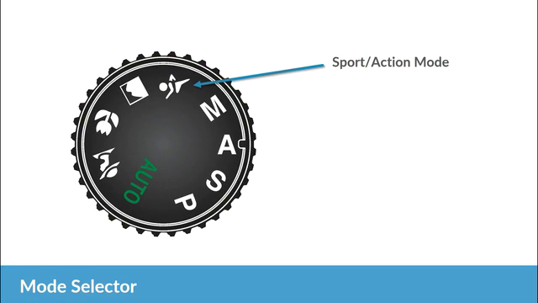Toddlers in particular move very, very quickly, so this is a good mode to use when they're running around the place. They're not just limited to one style of photography.